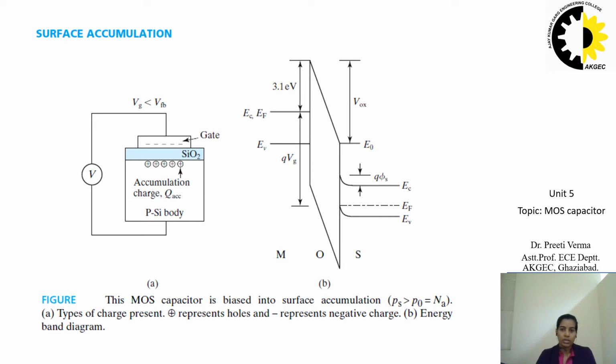VOX is the voltage across the oxide. Again, VOX is negative if the SiO2 energy band tilts up towards the gate as it does in the figure, and positive if it tilts down towards the gate.